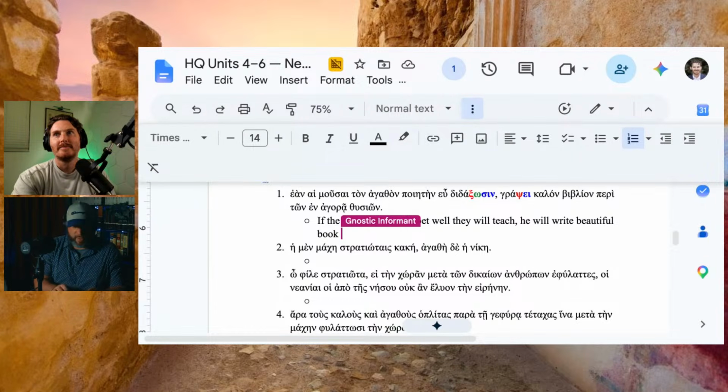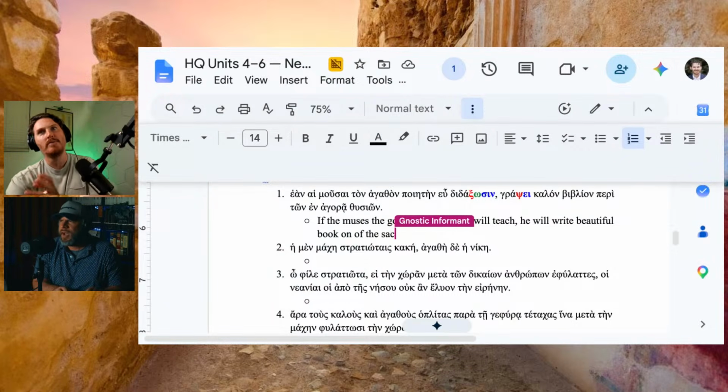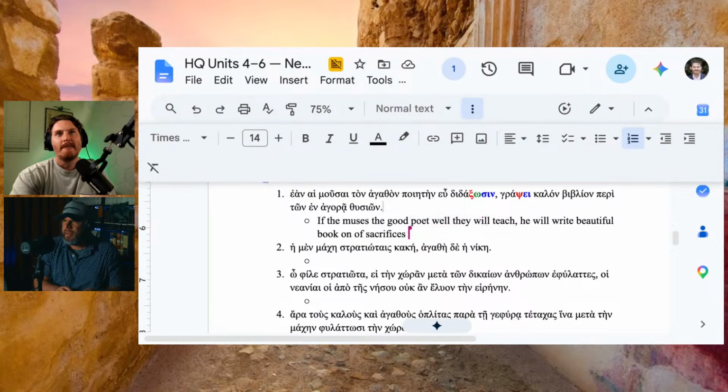Peri means around, or on. "Ton thusion," which means of sacrifices. And then "en agora," in the market or the marketplace.